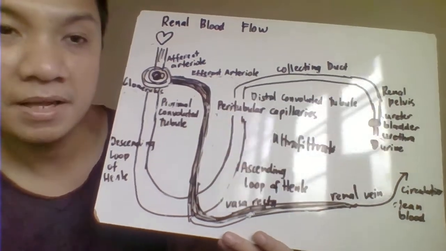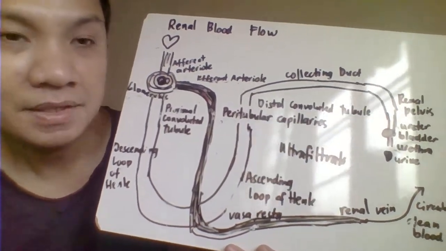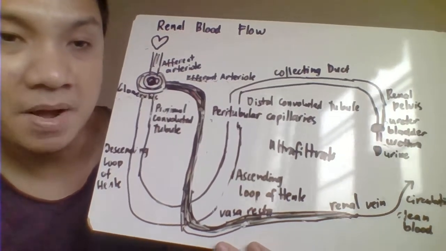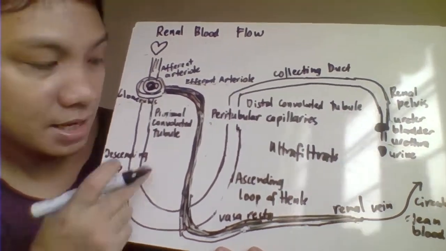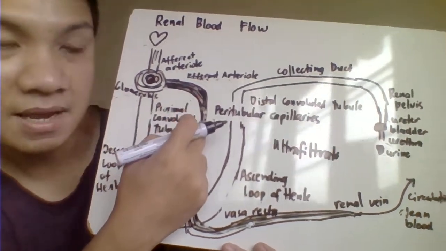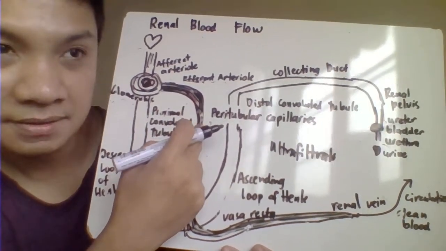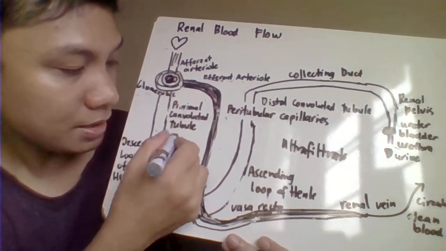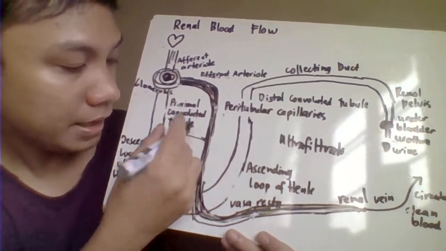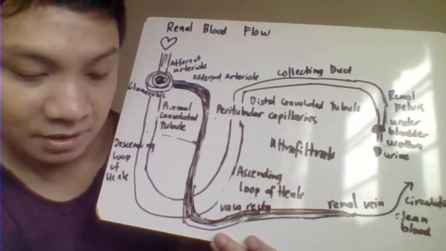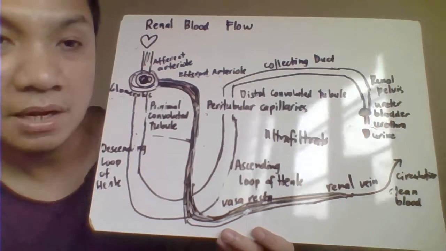Dito nangyayari lahat ng ating tubular reabsorption. What do you mean by tubular reabsorption? Pag sinabing tubular reabsorption, ito yung process whereby those substances na andito sa ating renal tubules, binabalik mo dito sa ating blood vessels. So from here, okay, papunta dito, reabsorb mo siya para babalik ito sa ating circulation. Why you need to have here the tubular reabsorption?